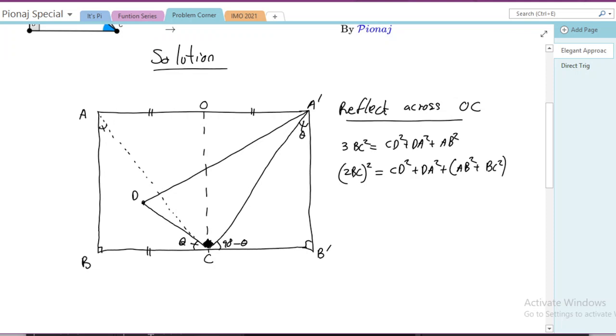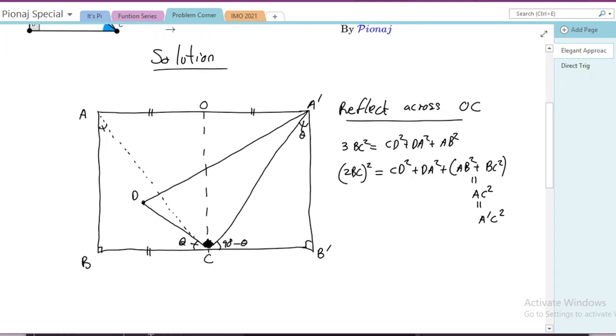Now AB squared plus BC squared will just be equal, by Pythagoras theorem, to AC squared, since that's a right angle triangle, and by the reflection it is the same length as A prime C squared.